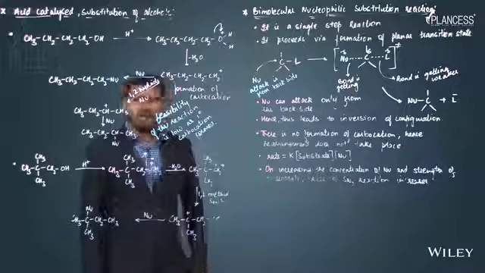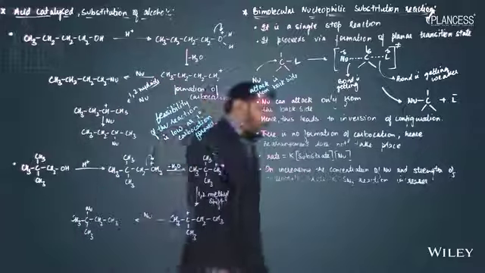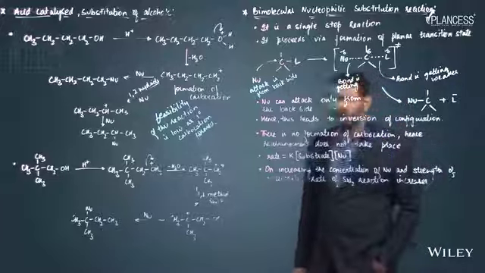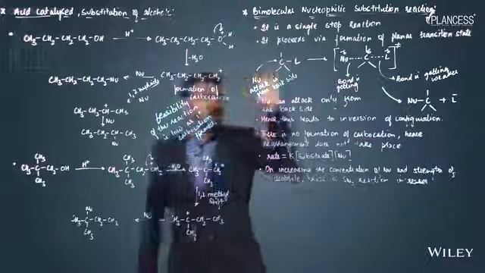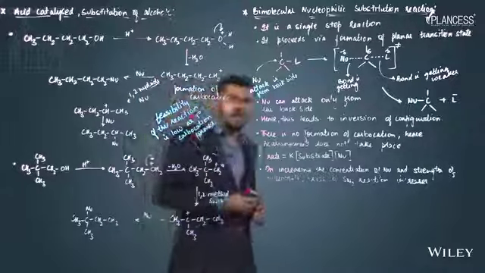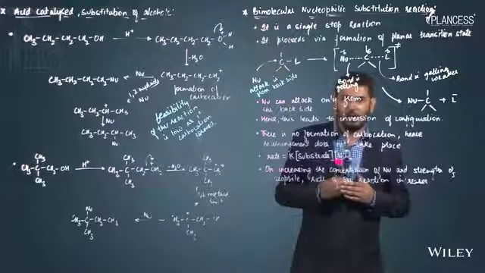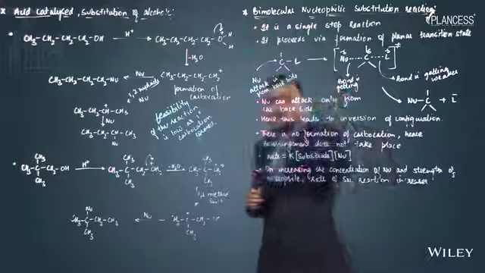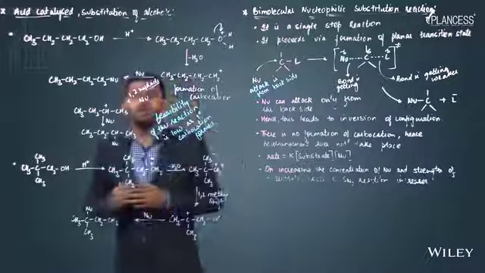Now, you have understood this part, that concentration is obviously going to play an important role as it is coming in the rate law. One more thing which plays an important role is the steric hindrance. If there is too much steric hindrance over here, then attack will become difficult. If this thing becomes bulky in nature, how can the nucleophile approach?